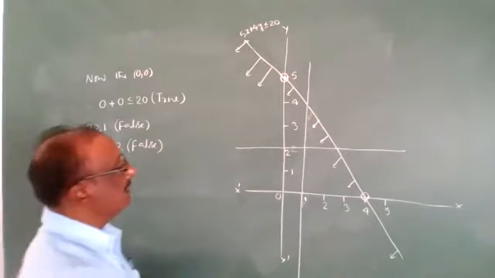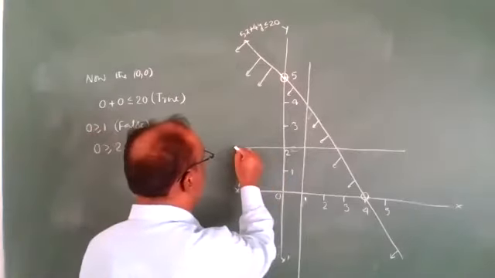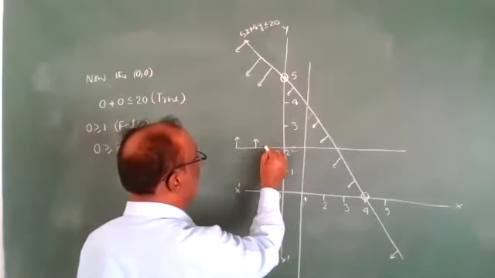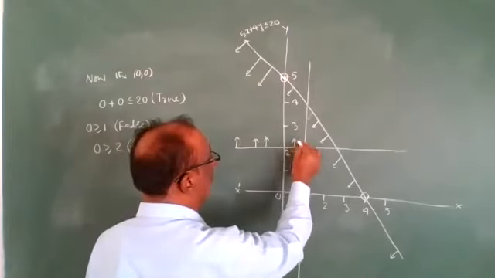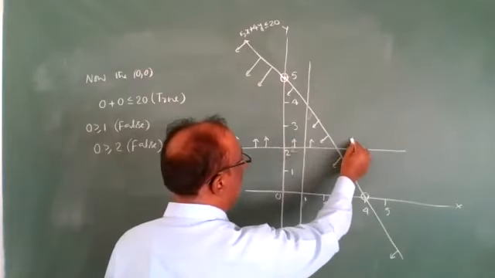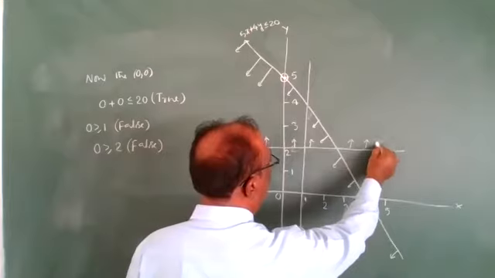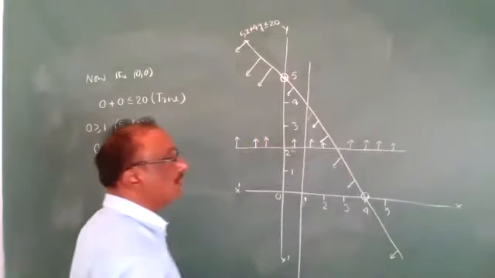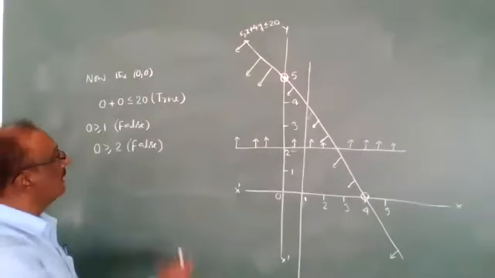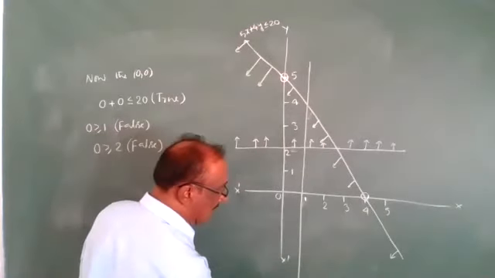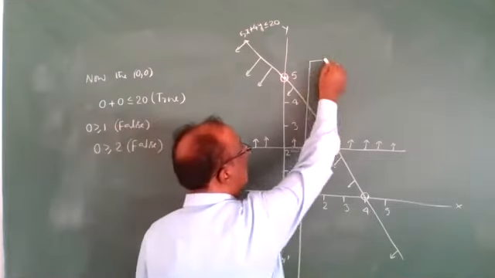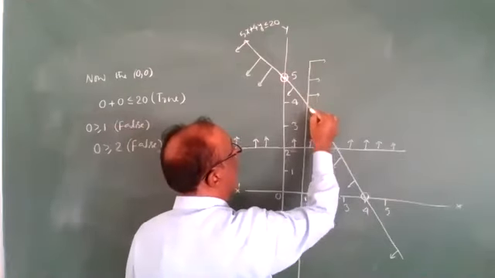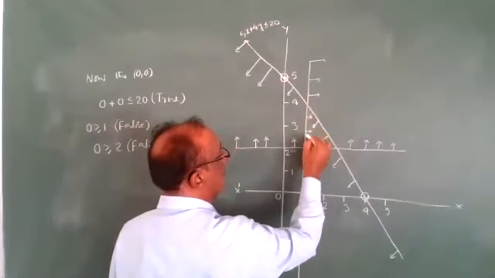So this line is opposite to the origin. And x equal to 1 is also false, so it is also opposite to the origin.